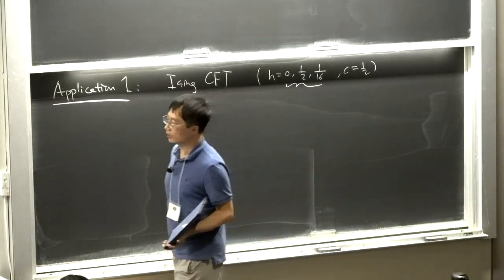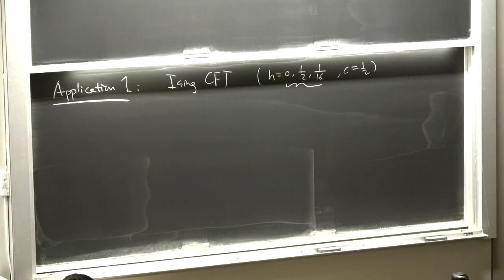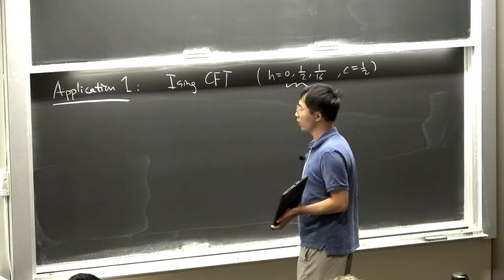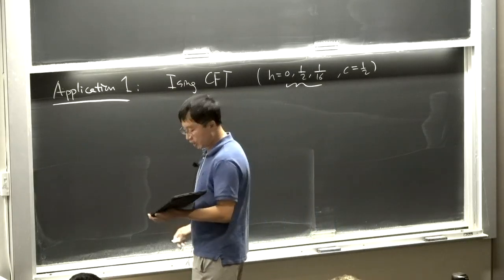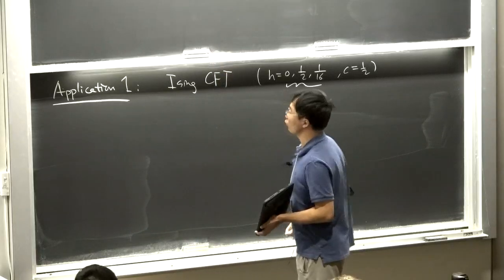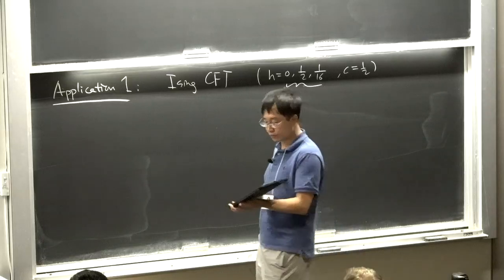The characters, I will not explain how you calculate. There are various subtleties in actually calculating these characters, in the case where c is less than 1. I explained some of that in the notes and also in the other material in the Google Drive. I will not derive it here, but instead I'll just quote how the characters associated with each of the 3 representations transform under a modular S transformation.